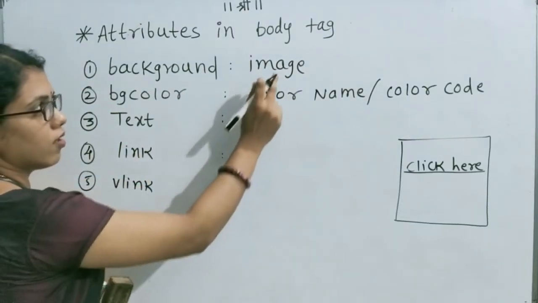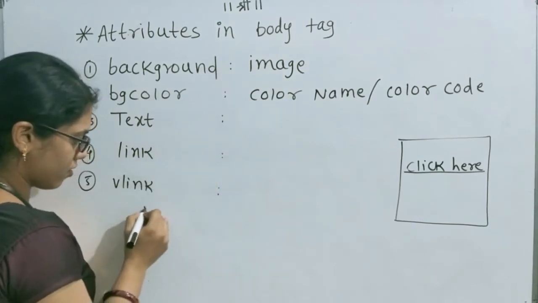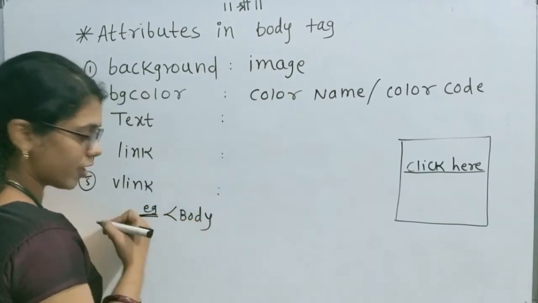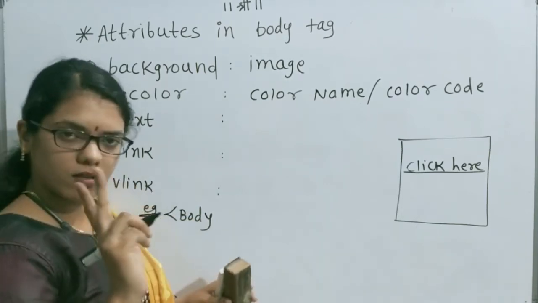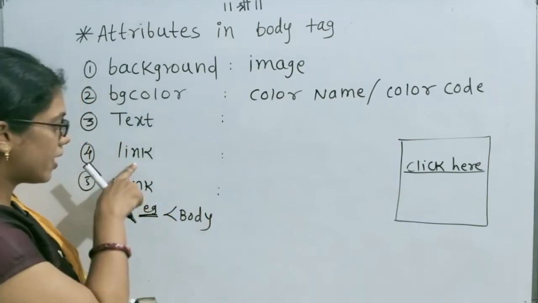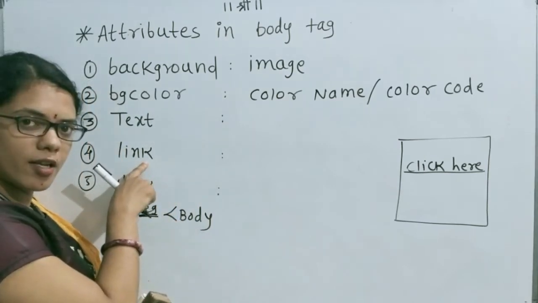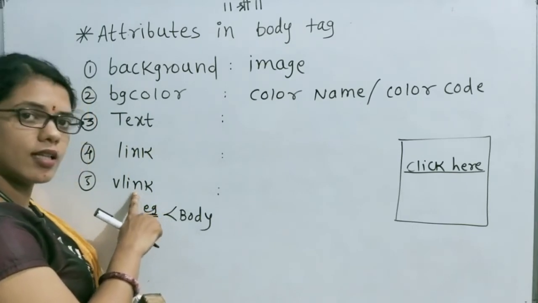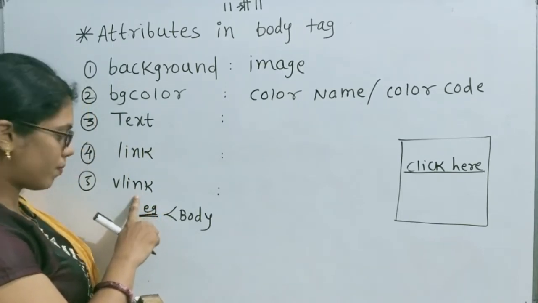Our tag is the same, body tag. Inside the body tag we are using the two default colors, blue and purple. Means by default our link is displayed in blue color. When the user clicks on that link, suddenly the color is changed into purple.